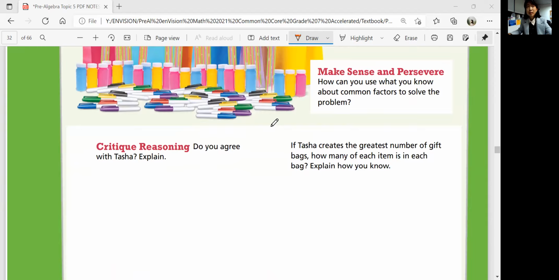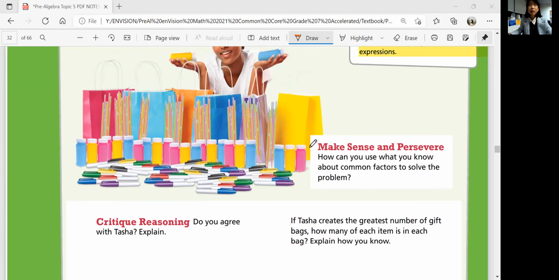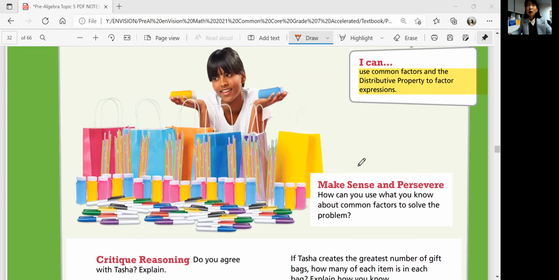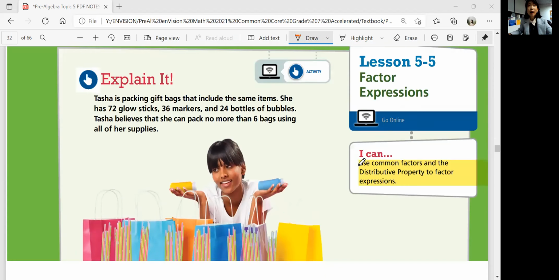So critique reasoning. Do you agree with Tasha? Yes or no? And explain why. So here, what are we trying to get? After trying to figure out the factors, what are we trying to get? We're trying to fill them in bags, right?